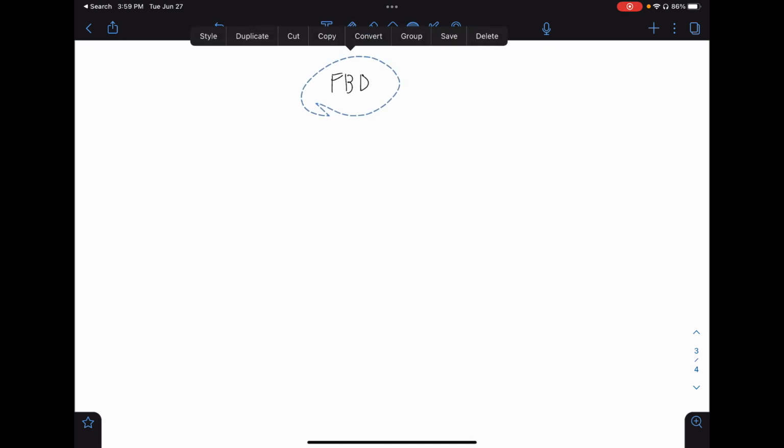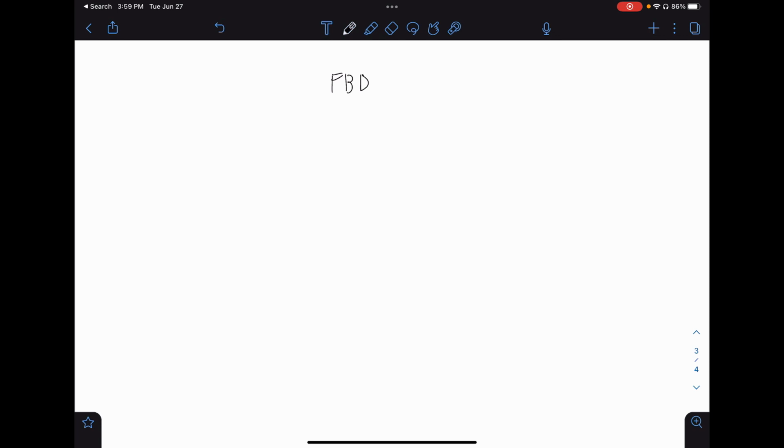So I just want to end off with a quick summary of what we learned today. So we always need to start with a free body diagram. And from that free body diagram, we go on to components and we separate our forces into x and y components.